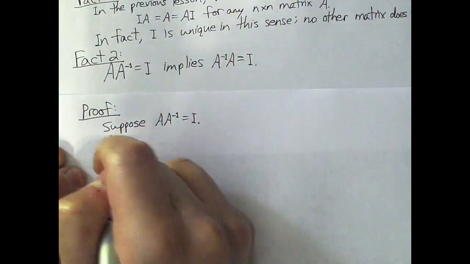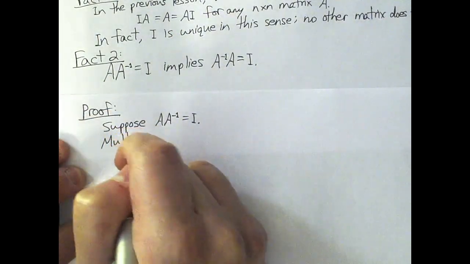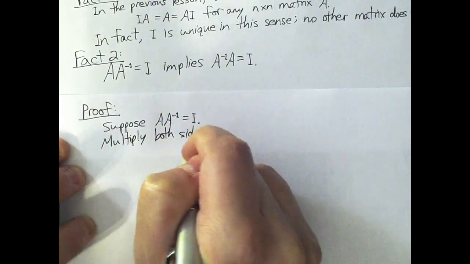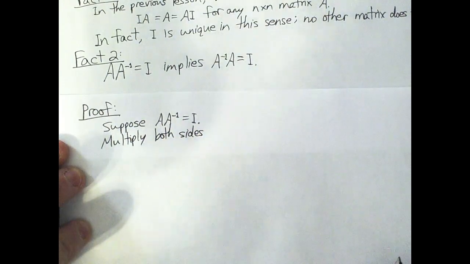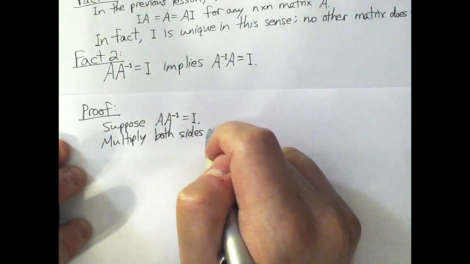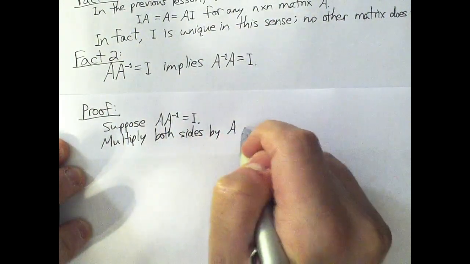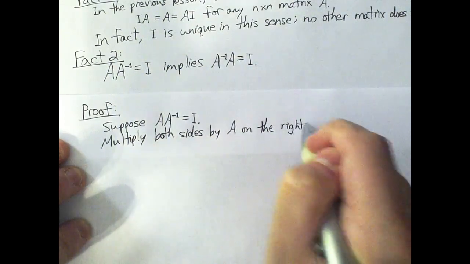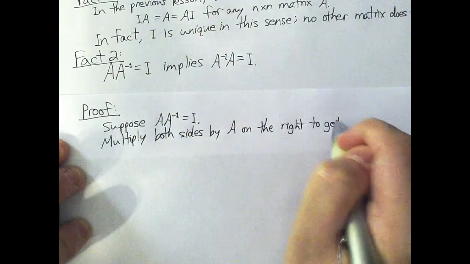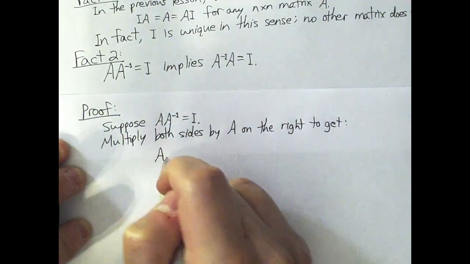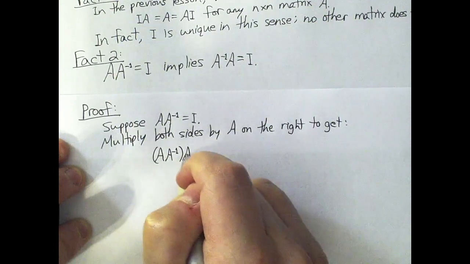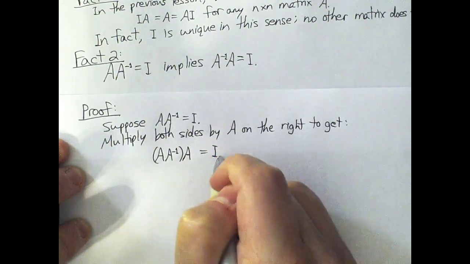What we're going to do is multiply both sides by A on the right to get A inverse times A equals IA.